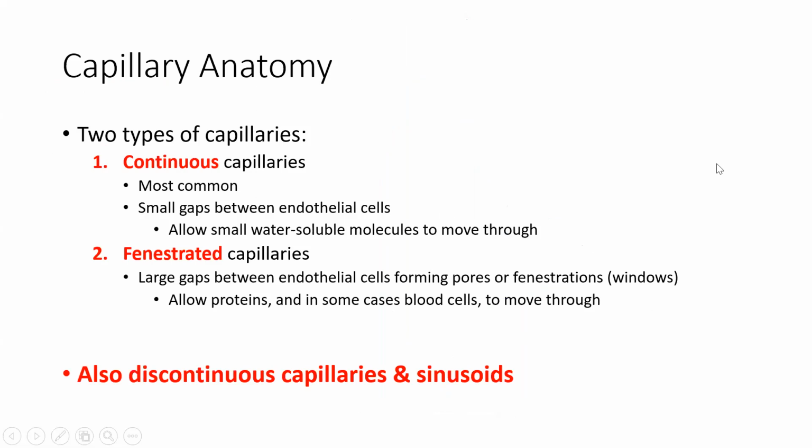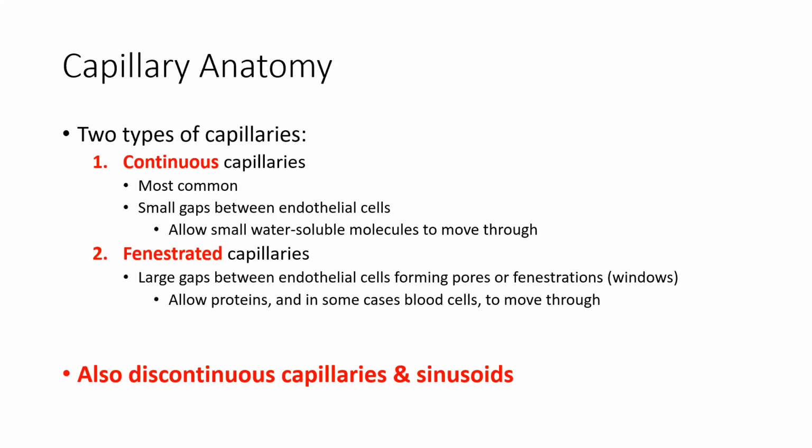Okay. Let's speak here about the different types of capillaries that we have in the body. We have three main types of capillaries. We've got continuous capillaries. These are the most common or the most abundant. In between the endothelial cells that line these capillaries, we can have movement of small, uncharged, water-soluble molecules moving right through, okay?